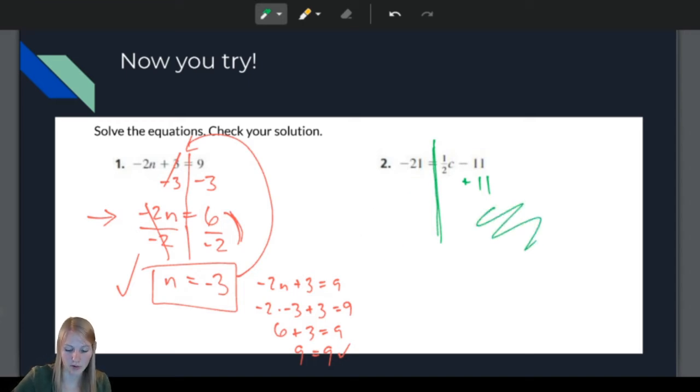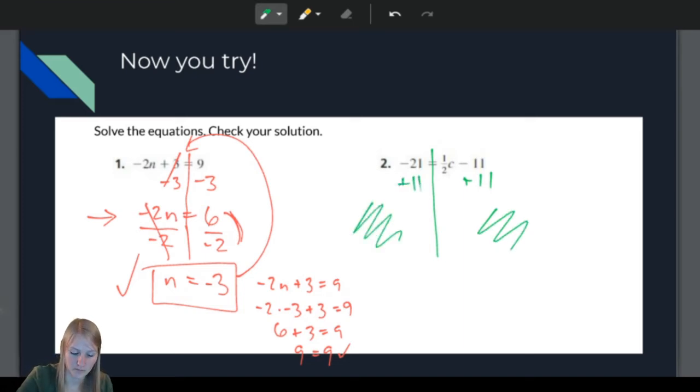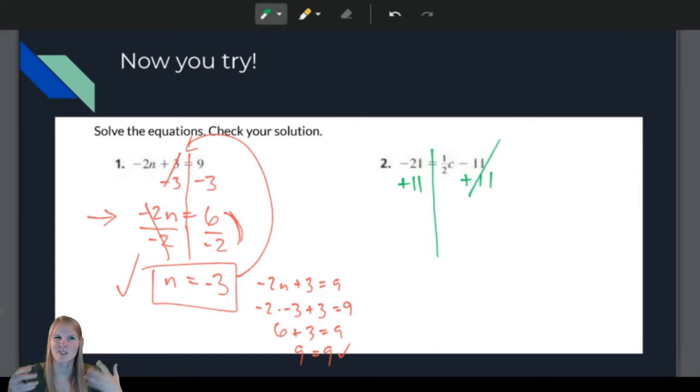So some people like to add 11 here and add 11 here, but that doesn't make sense. We want to add 11 to both sides of the equal sign. So you have an 11 over here, and now you're going to add 11 over here. So both sides of the plus 11 plus 11. So this goes away. Minus 11 plus 11 just goes away.